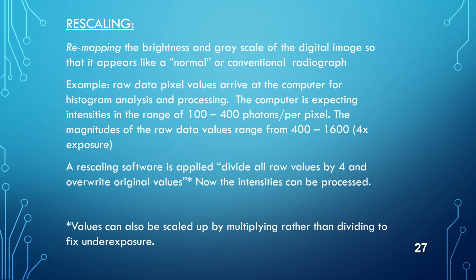And you're going to have higher pixel intensities. And then that raw data is going to hit this software. And if those intensities are out of the expected range, the automatic rescaling software is going to scale those intensities back down, even though when you hit the density plus button, you scaled them up.